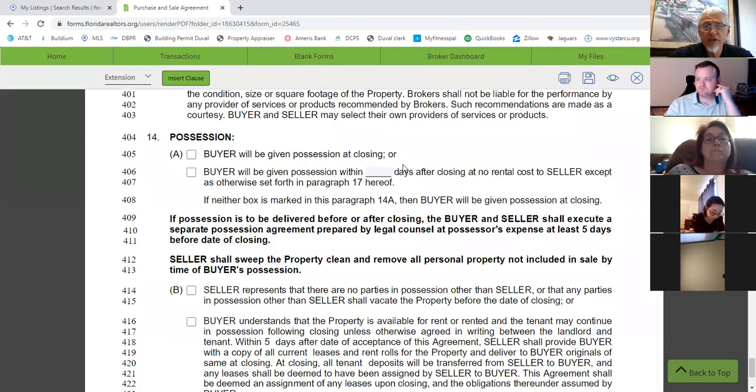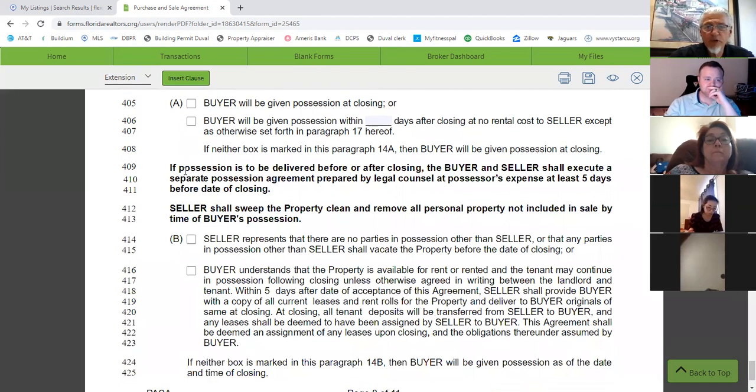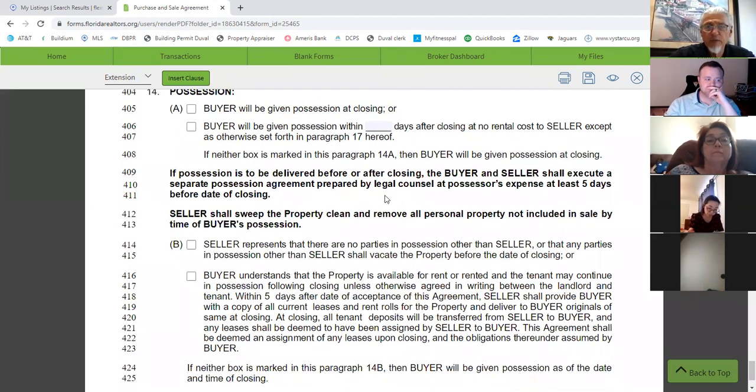Possession: buyer will be given possession at closing. Or buyer will be given possession within so many days after closing at no rental cost to the seller. That's pretty self-explanatory. If possession is delivered before or after closing, buyer and seller will execute a separate possession agreement.